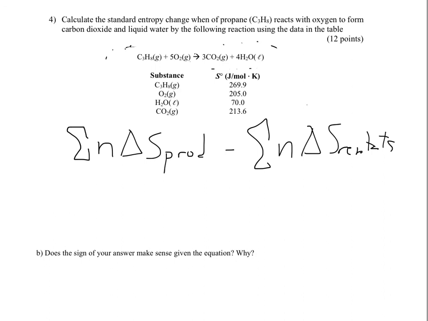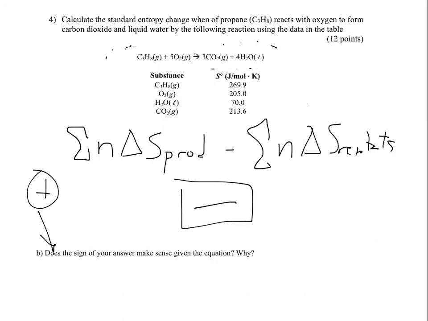The answer that you get out is indeed negative for this problem. And so I asked part B, does the sign of your answer make sense given the equation? And again, if you did the math wrong and got a positive number and answered that question based on your answer correctly, I gave you the points.